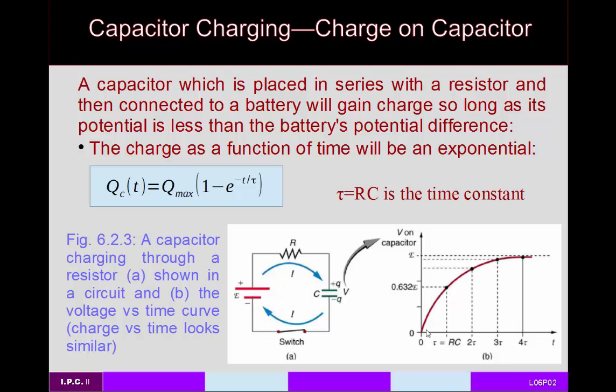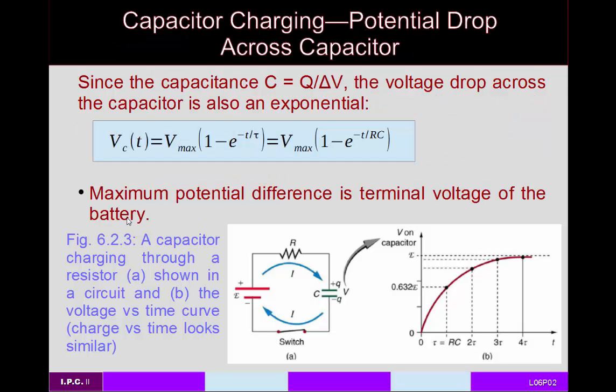If we wanted to plot that, we could either plot it in terms of charge or more realistically in terms of the voltage drop across the capacitor. So it's actually useful to have in our mind what the voltage drop across the capacitor while it's charging looks like.